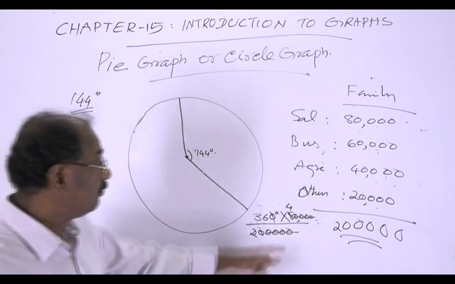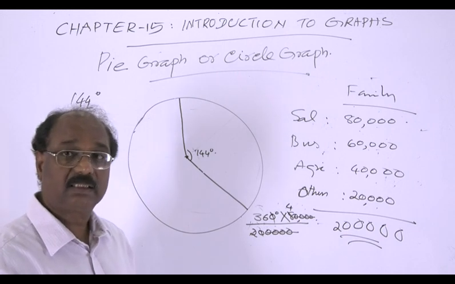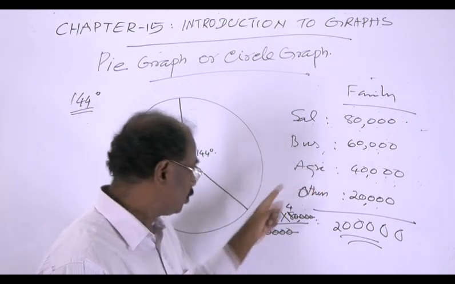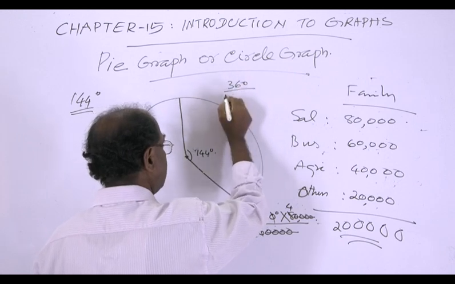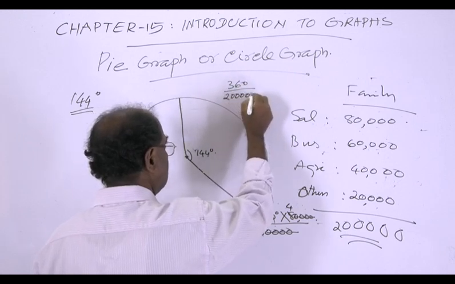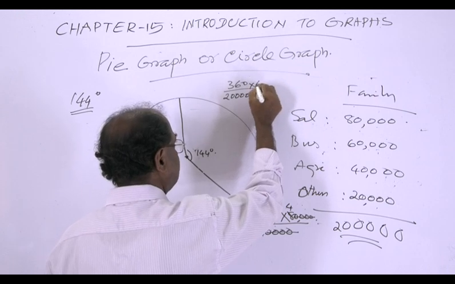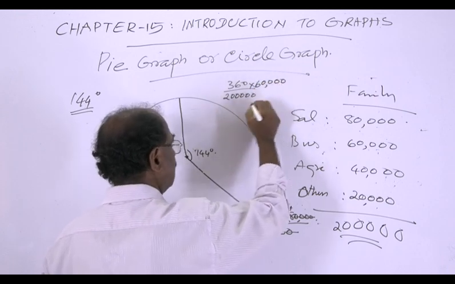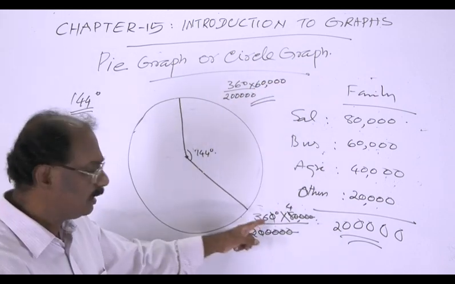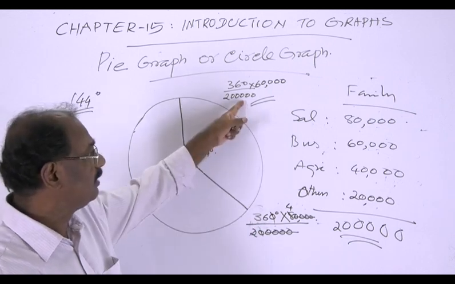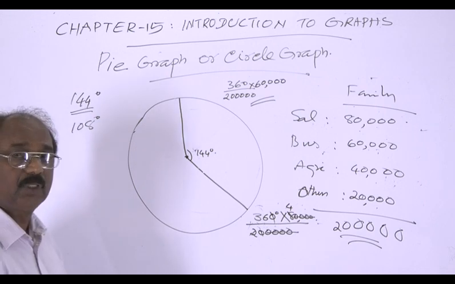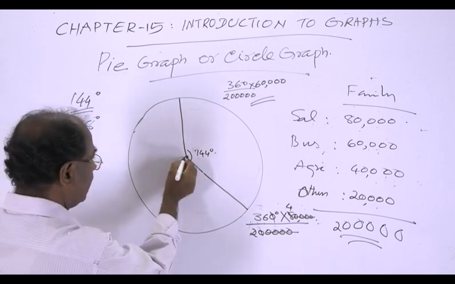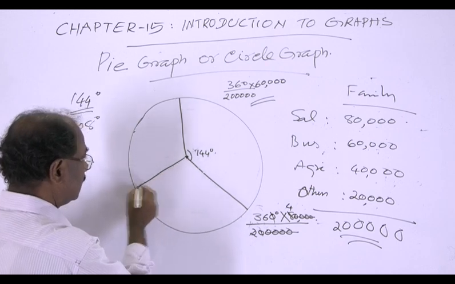And then for 60,000, this is equal to 360 divided by 2 lakhs into 60,000, which gives us 108 degrees. So mark 108 degrees here.